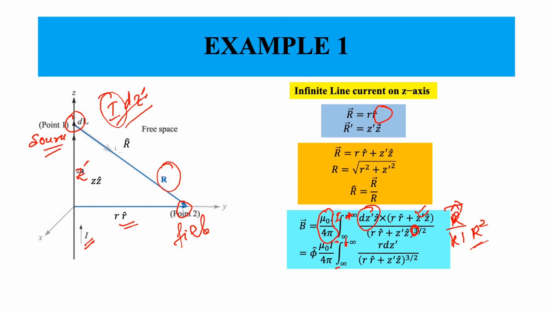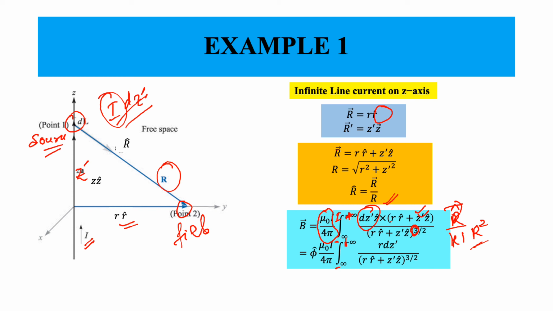Now look at what is inside here. Inside you actually have a formidable integral, at least it seems so. To begin with, you have a cross product inside, and you have to see which direction the individual cross products would be pointing along.